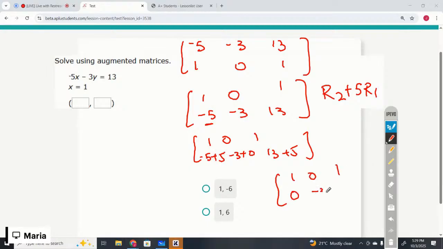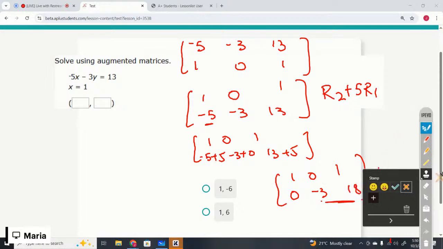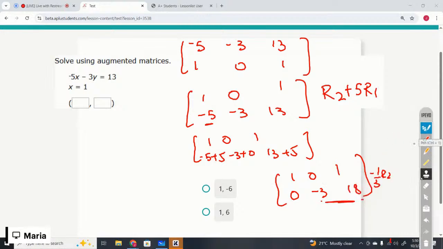So that is 1, 0, 1, and negative 5 plus 5 is 0, negative 3, and 18. Let's divide R2 by negative 3, so negative 1 by 3 R2. So it is 1, 0, 1 and 0, 1, negative 6. So the solution is 1 and negative 6.